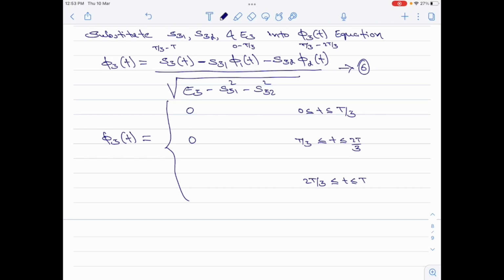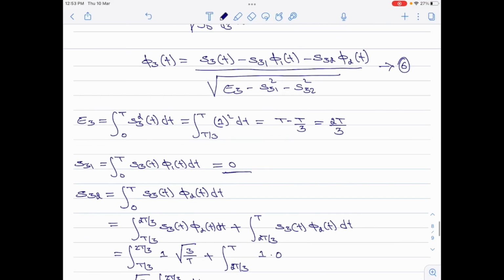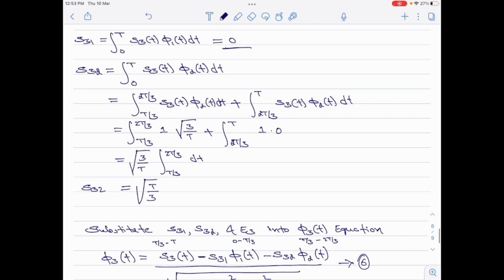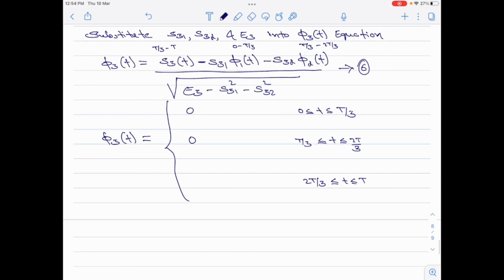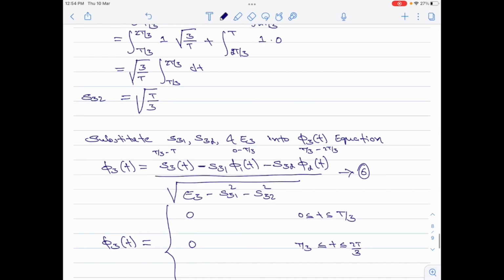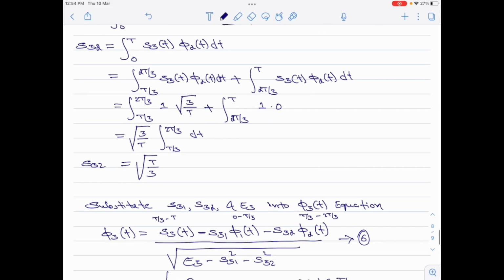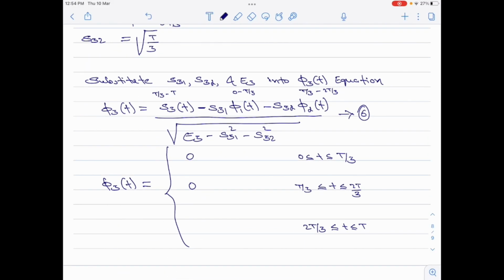So, it is equal to 1 divided by, let us now come to E3. We have computed E3 to be 2t divided by 3 minus of S31 square, but S31 is 0. So, simply neglect that, minus of S32 square as well. So, S32 we have just computed to be square root of t by 3. So, it will be equal to 2t by 3 minus of square root of t by 3 whole square.